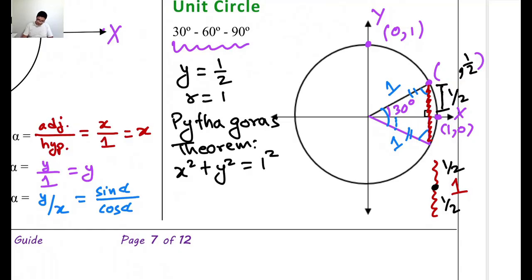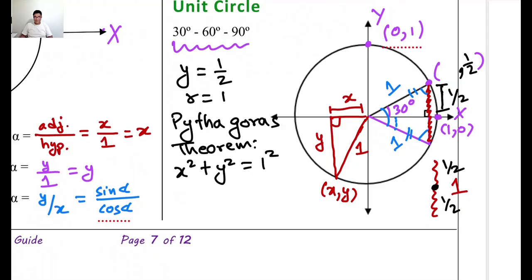Just to help you understand clearly, I'm going to sketch an angle in the other quadrant so you'll see it clearly. If this point is x comma y, it could be any point, right? Then this length here is x and this length is y. The radius of the unit circle is 1. So in that right triangle, x square plus y square will be equal to 1 square.